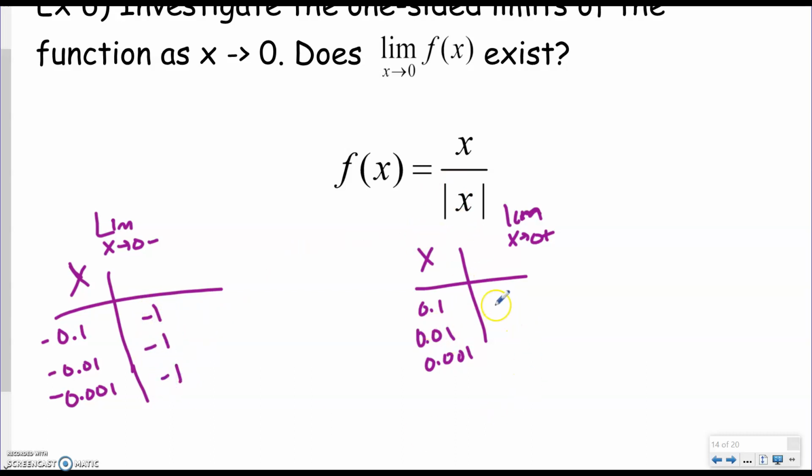If I plug in positives, I end up getting positive ones for all three of those. So the limit as x approaches 0 from the left side is negative 1, and the limit as x approaches 0 from the right side is positive 1. So the left-handed limit exists, the right-handed limit exists. However, the two-sided limit does not exist.